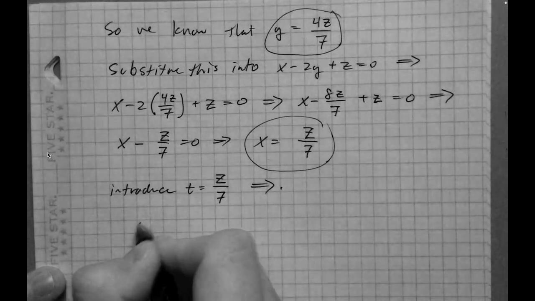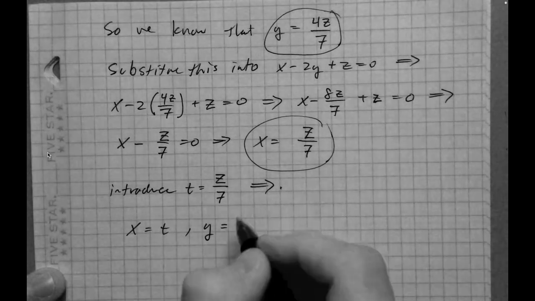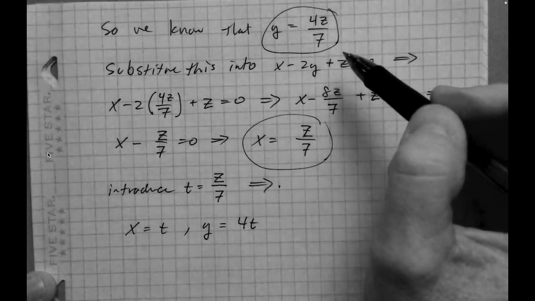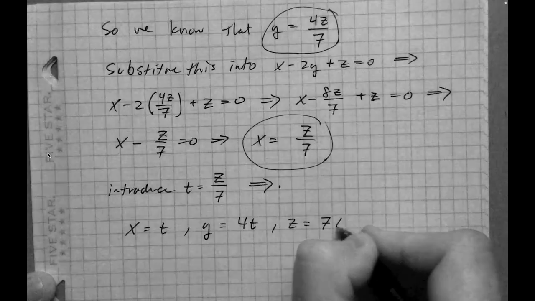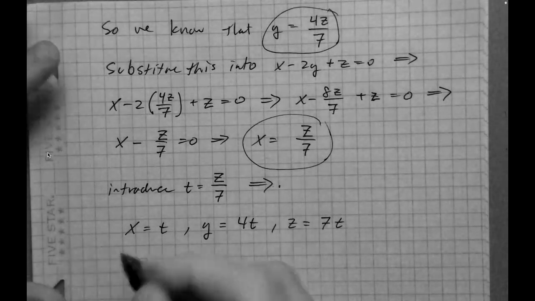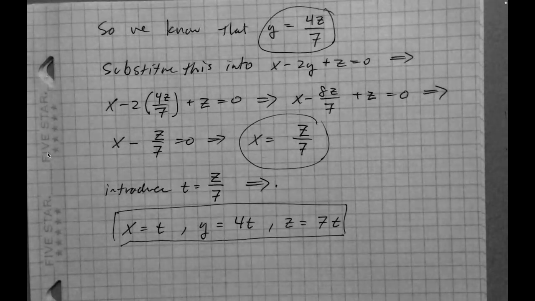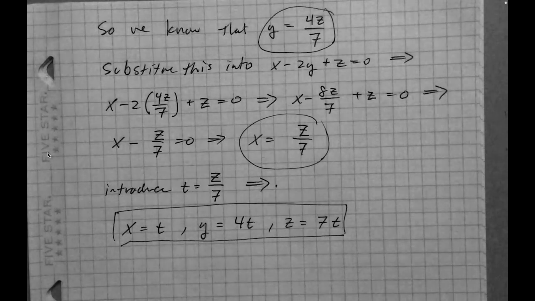Well, now I know that x is equal to t, y is equal to 4 times t, and z, well, I can derive it from this guy here. z is equal to 7t. So these would be my parametric equations for the line that is formed when the two planes intersect. Okay. All right.